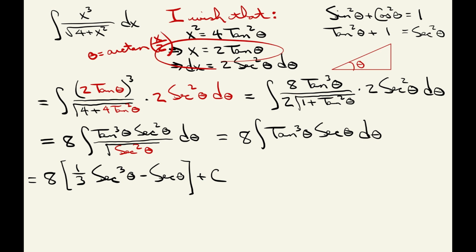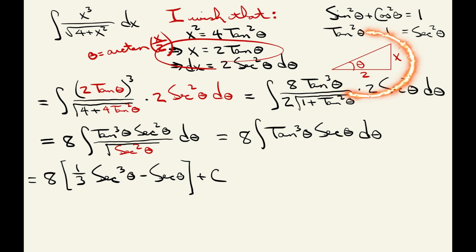Well, if the tangent of theta is x over 2, then the opposite side of theta divided by the adjacent side must be equal to x over 2. The simplest way to label the side lengths of our triangle so that this is the case is to label the opposite side as x and the adjacent side as 2.